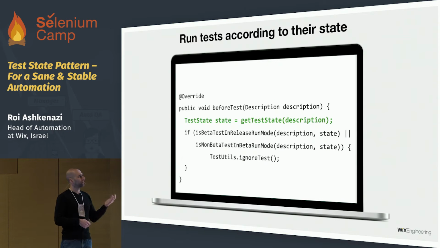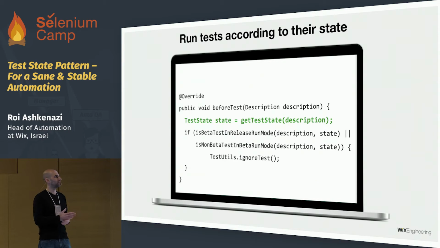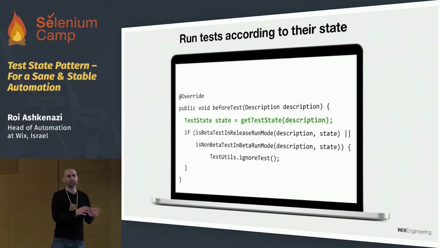So whenever a test starts running, we just ask the server, OK, give us the test state, and we will decide if the test needs to run. Again, it's quite simple and can be achieved in different ways, but this is the simplest one. And this is the usual way. We have a beta test, and we hope it's good enough, and it goes to stable.